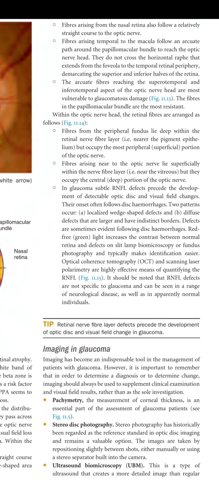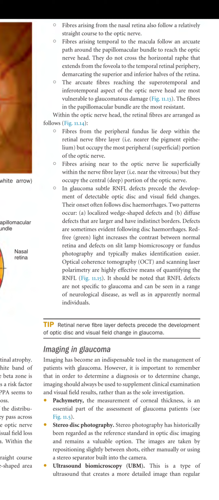The fibers from the peripheral fundus lie deep within the retinal nerve fiber layer, nearer the pigment epithelium, but occupy the most peripheral superficial portion of the optic nerve. The fibers arising near the optic disc lie superficially within the nerve fiber layer near the vitreous, but they occupy the most central portion of the optic nerve.